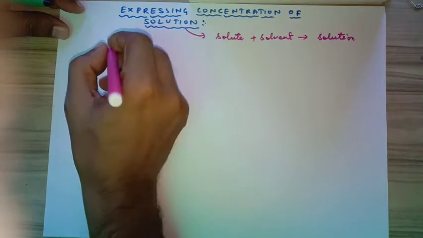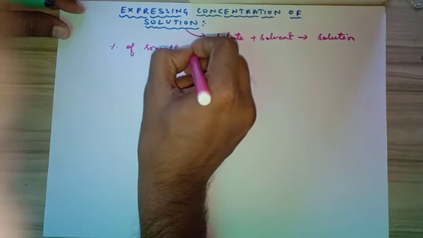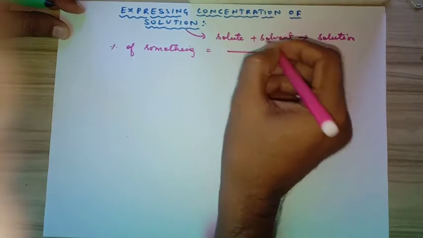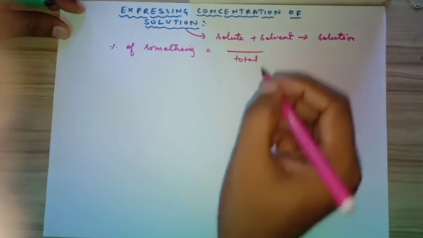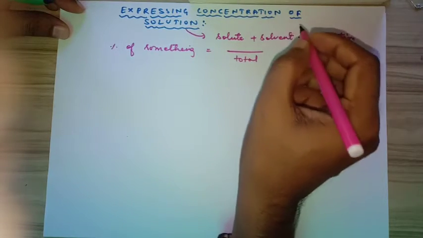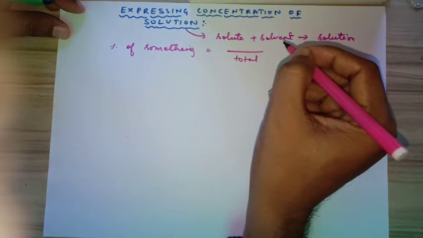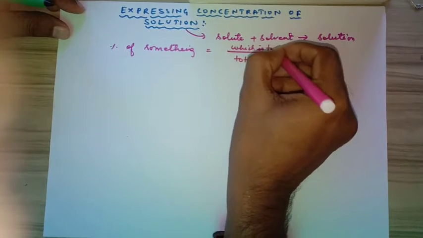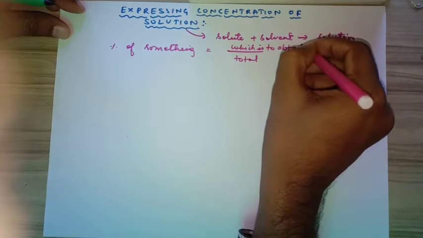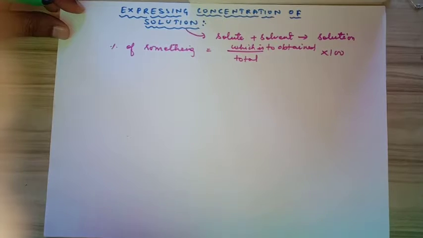Now for percentage of something, we see that the below side is taken as total and the upper side is taken as the part which is to be obtained, and that will be multiplied by 100. So that will provide us percentage.